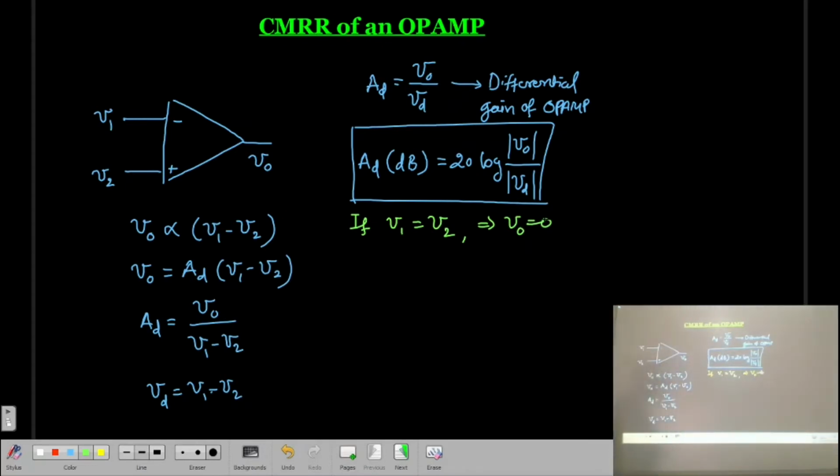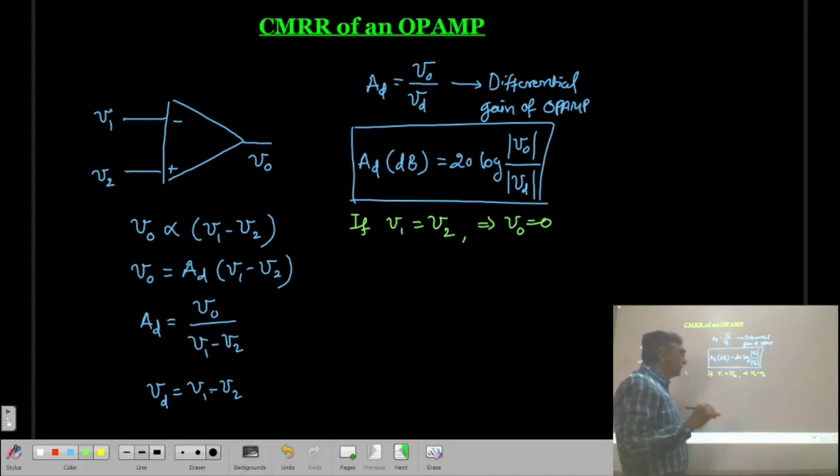This is in an ideal case. Remember, if V1 and V2 are both identical, applying the same potential, then the output voltage has to be 0. But practically this is not the case.